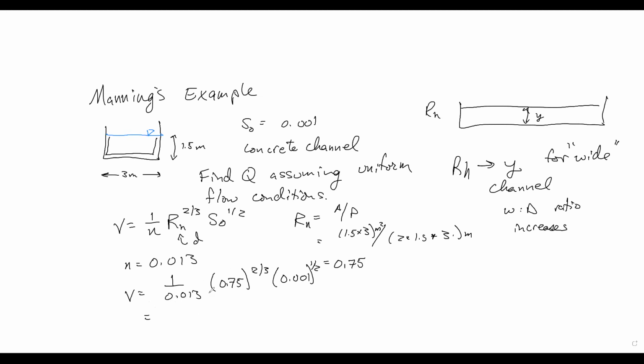When you put all the numbers in, meters and meters per meter, we end up with meters per second for velocity, so you just have to keep that on faith. We end up with 2.01 meters per second. And then Q is equal to V times A, and we end up with about 9.0 cubic meters per second.